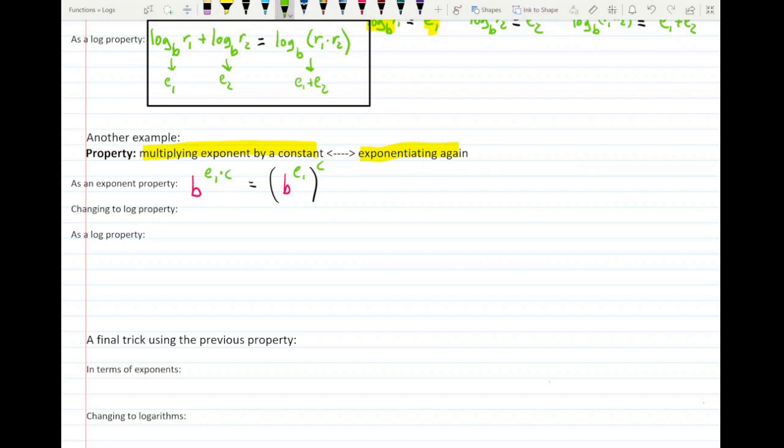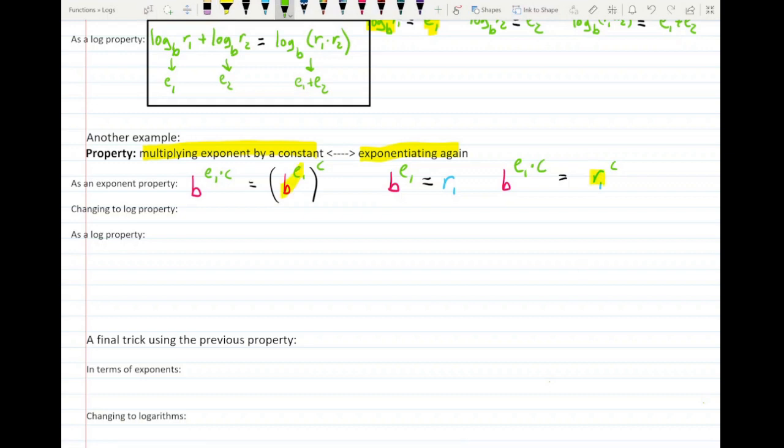Once again, naming our results of exponentiation, we get b to the e1, we'll call that result 1. And once we've written that down, we can say that b to the e1 times c is equal to result 1 to the power of c, because result 1 is equal to b to the e1.